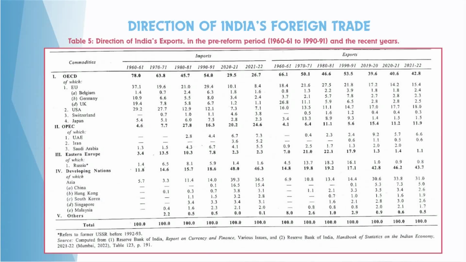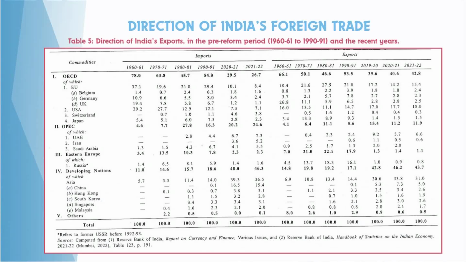In 2021-22, the EU's contribution was 15.4% of total export earnings. Conversely, OPEC's share rose from 4.1% in 1960-61 to 12.0% in 2021-22. Exports to Eastern Europe, particularly the USSR, witnessed significant growth, climbing from 7% in 1960-61 to 22.1% in 1980-81.